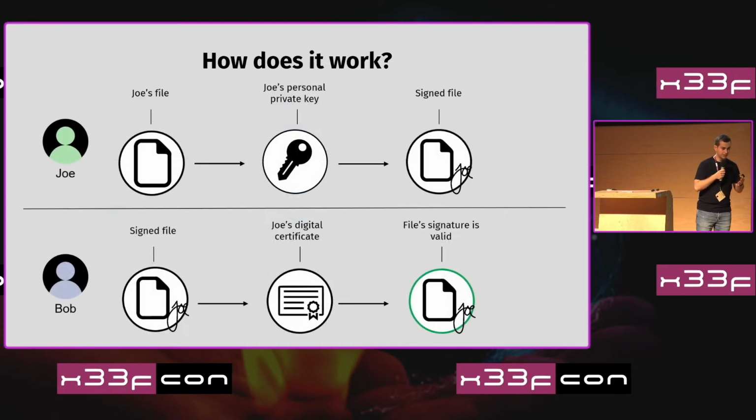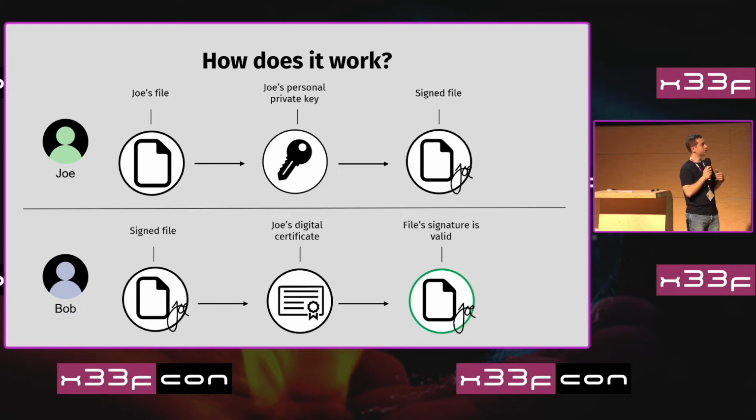If we take another step to understand this process, then we have Joe. Joe is a software developer and he wants to sign his software. So he will use his personal private key, and using this private key, he can sign his file. Now we have Bob, who wants to use Joe's software and make sure that the software is valid and digitally signed by Joe.